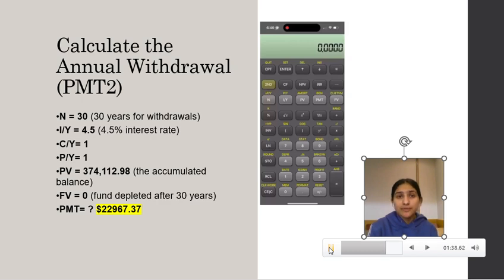Press 2nd, then CLR TVM to clear the time value fields. Enter the values N 30 and I/Y 4.5, PV 374,112.98 and FV 0. Then press CPT and PMT to calculate the annual withdrawal. The result will be 22,967.37.